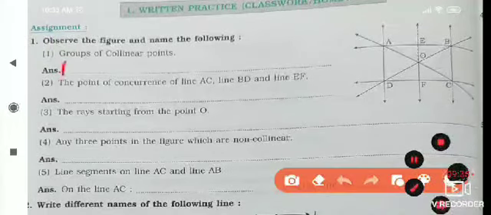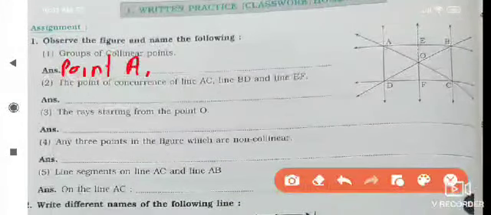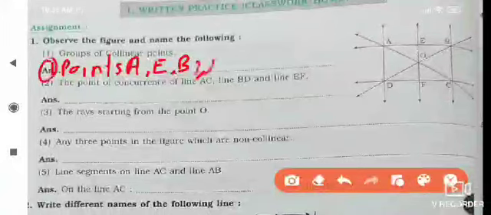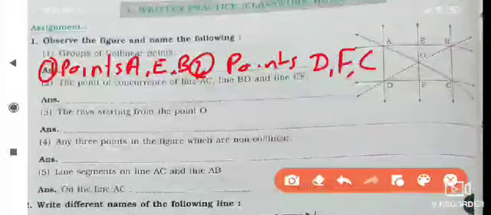Here we have to write point names. Just write every point's name: points A, E and B, comma. Next, points D, F, C. Third, which will come here?